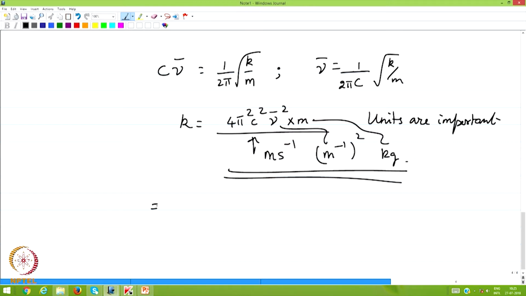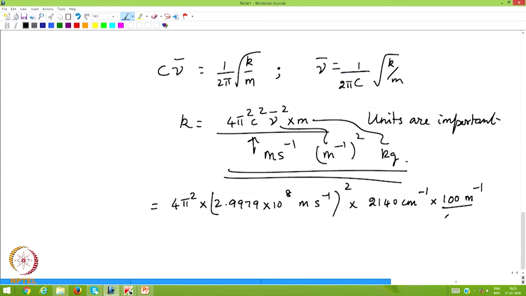The numbers that we have are 4 pi square into 2.9979 into 10 raised to 8 meters per second whole square, and nu bar square is 2140 centimeter inverse into 100 per meter inverse centimeter inverse, into the mass that we calculated, namely 12 into 16 divided by 28 into 1.66 into 10 raised to minus 27 kilograms.